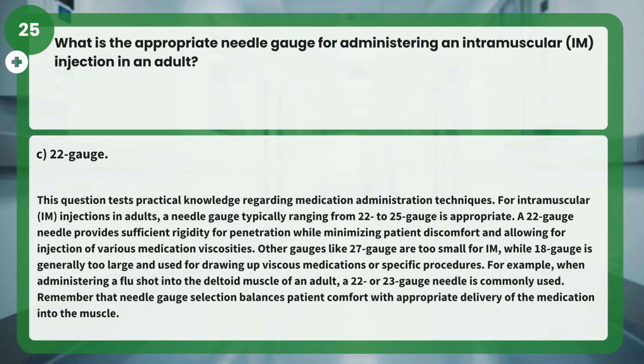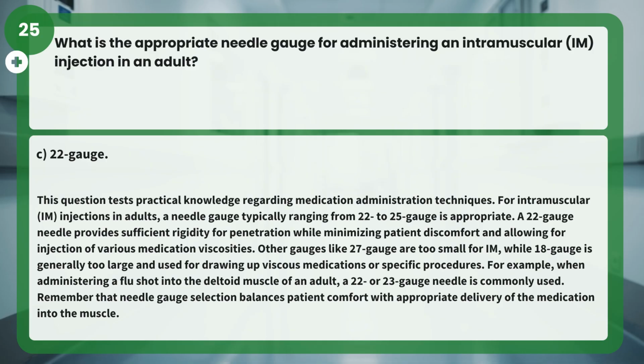For intramuscular, IM, injections in adults, a needle gauge typically ranging from 22 to 25 gauge is appropriate. A 22 gauge needle provides sufficient rigidity for penetration while minimizing patient discomfort and allowing for injection of various medication viscosities.